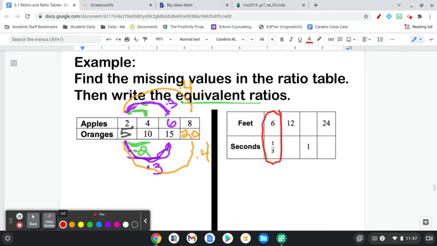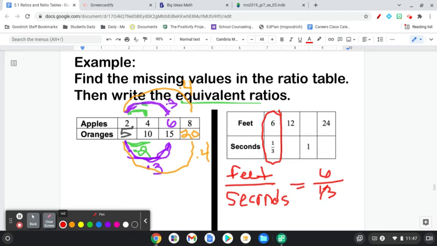So I'm going to do feet divided by seconds. So I'm going to do 6 divided by 1/3. We can type that into our calculator. Or we can say 6 divided by 1/3 is the same as 6 times 3/1, which is 18.